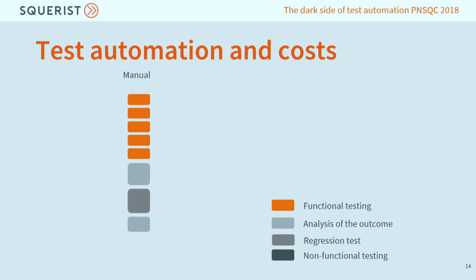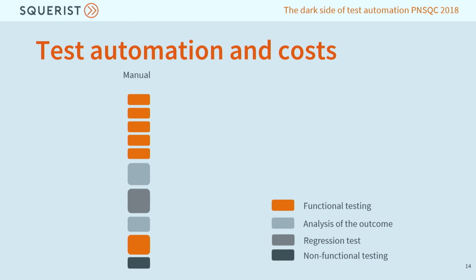And the essence of software development is that we change systems. So we also have to change. The regression test will take a lot of time as well. Here we change the system, so that takes a lot of time as well. And then we're actually more out of time. And we do have little time for non-functional testing, which is pretty difficult to do without tools, by the way.